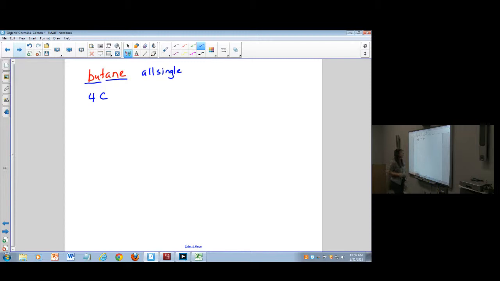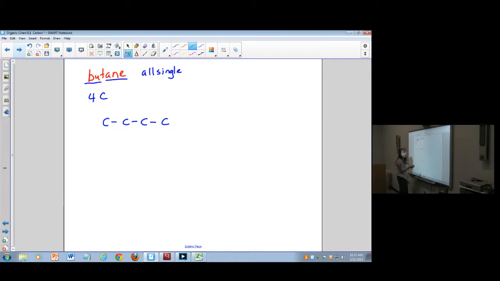And so when I'm trying to write this structure, the first thing I will do is write a carbon structure. C, C, C, C. All right? And then I'm going to add to this all the number of hydrogens I need to make this singly bonded.